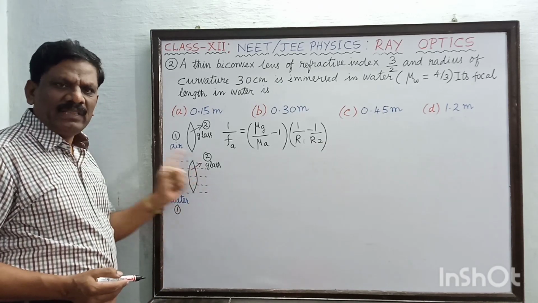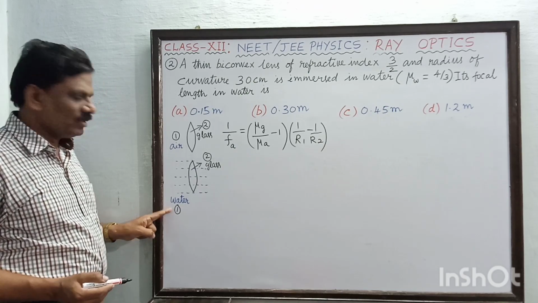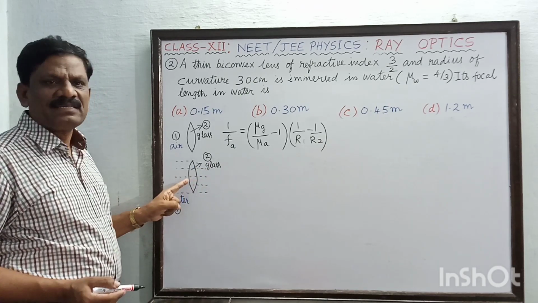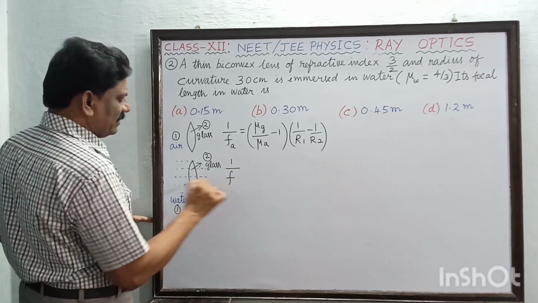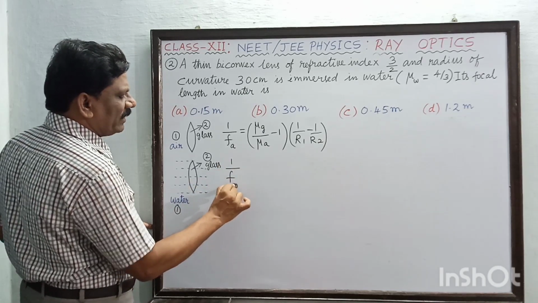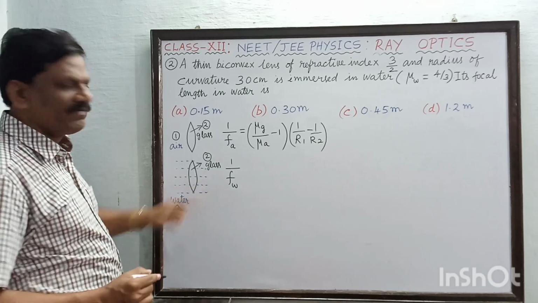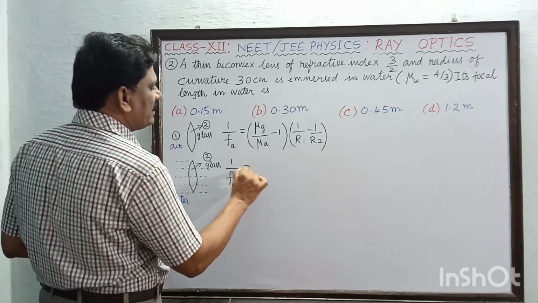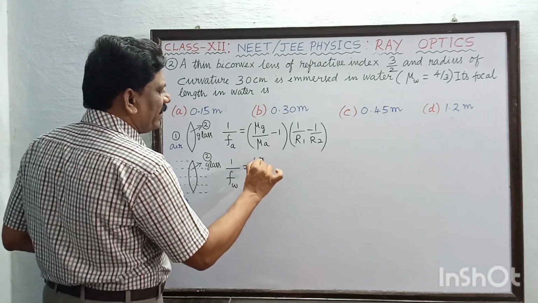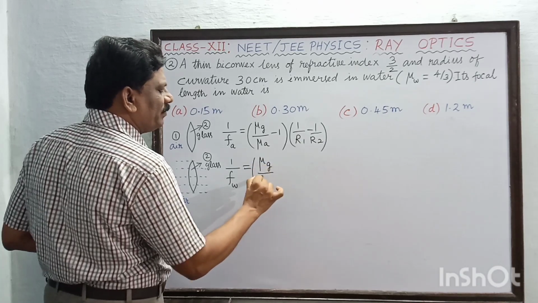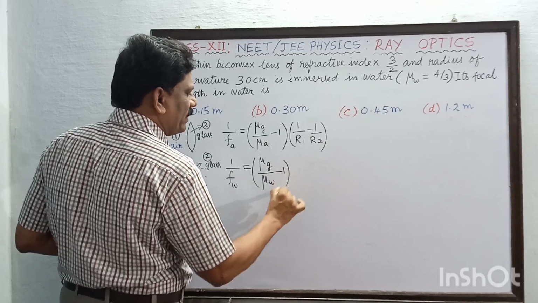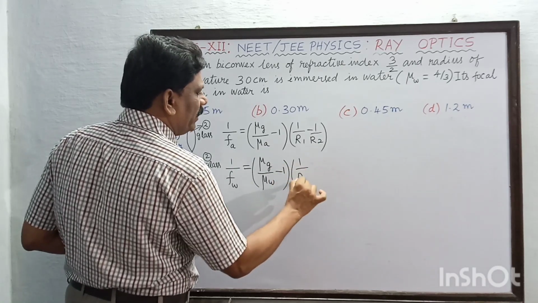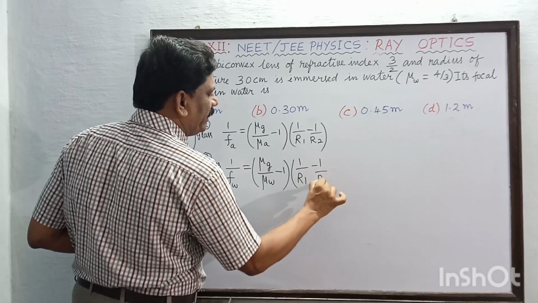The medium surrounding the lens, water, is taken as the first medium, and glass is still the second medium. So inside water its focal length is Fw, which is equal to the refractive index of the second medium divided by the refractive index of the first medium, water, minus 1, into 1 by R1 minus 1 by R2.